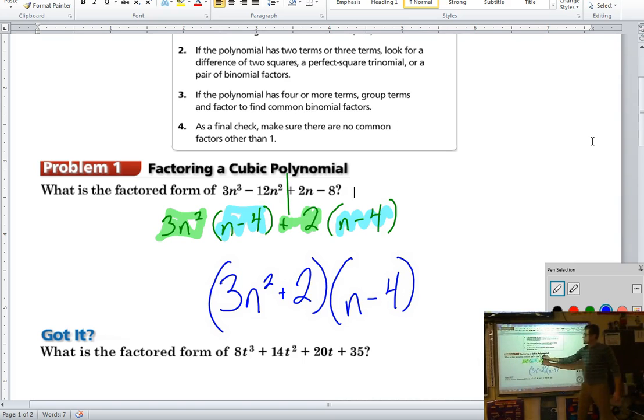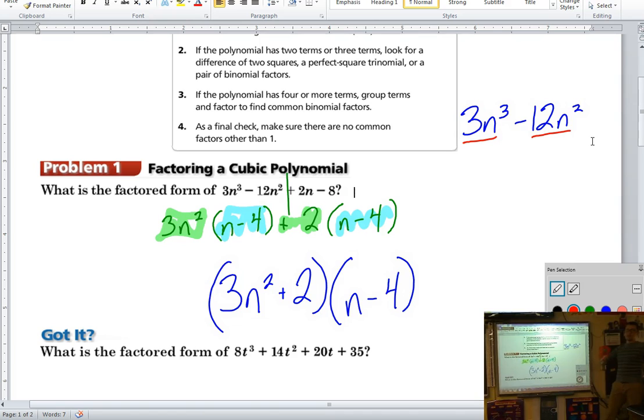So if I look at just my beginning, 3n cubed minus 12n squared, let's act like that's on its own, forget about the rest of it. What we're looking at here is there something common between both of them that I could divide them both by so that I can have some number times a binomial that would get me to this.